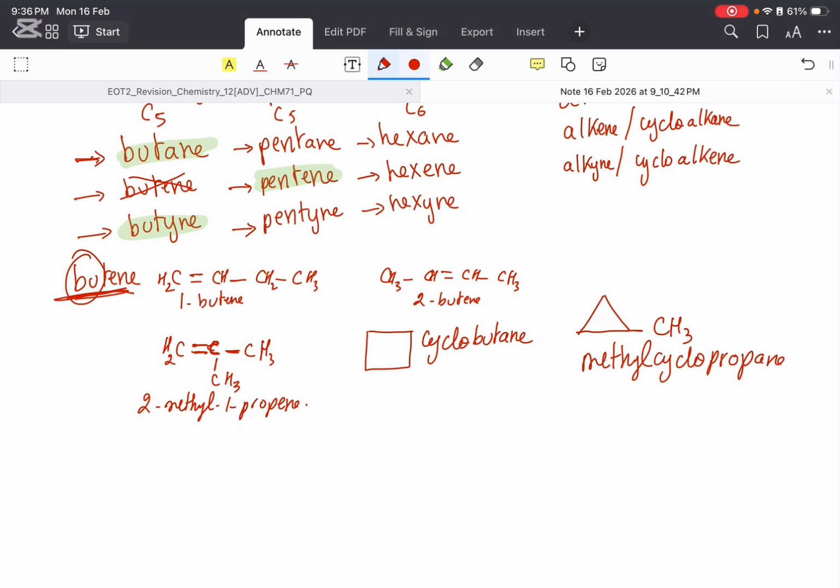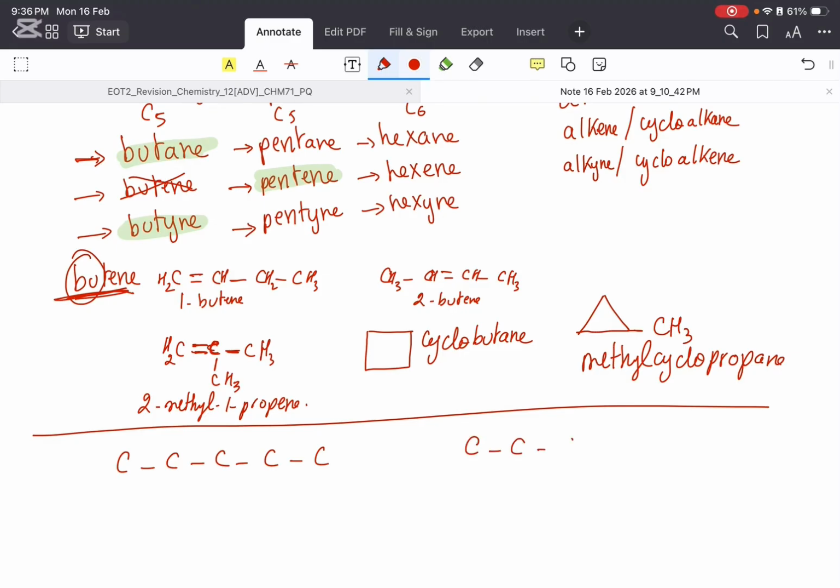What if they ask me for isomers of pentane? So 5 carbons: 1, 2, 3, 4, and 5. That's one possible structure. Or 1, 2, 3, 4, and then 5.